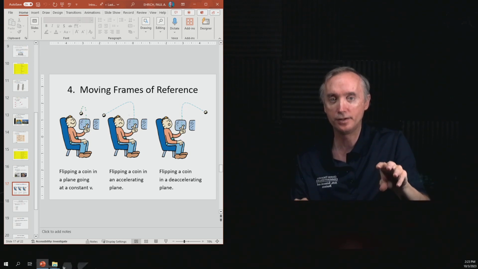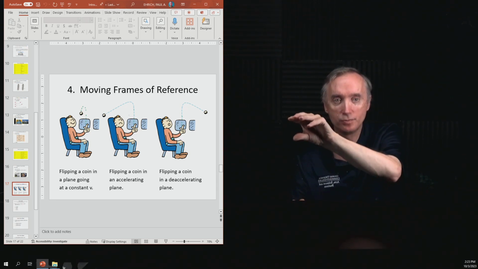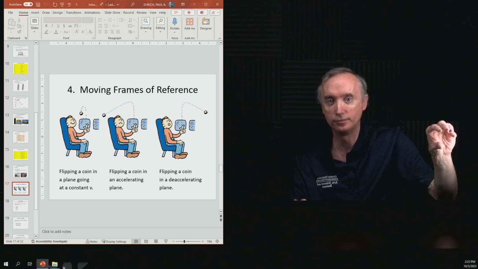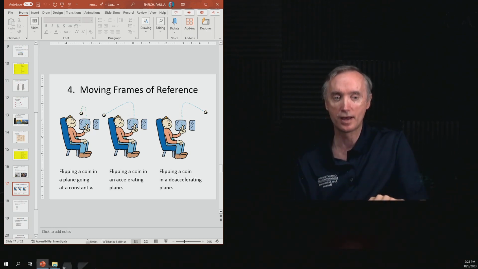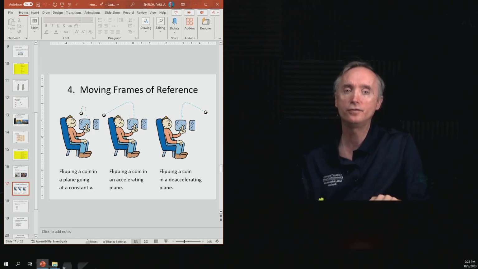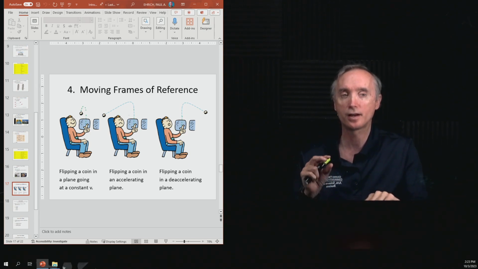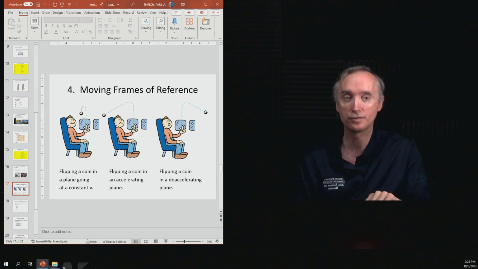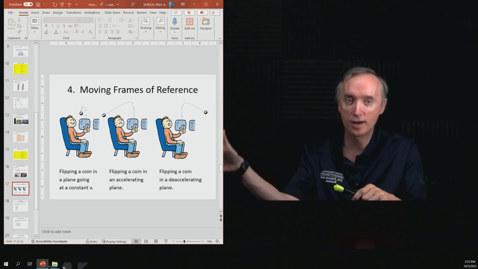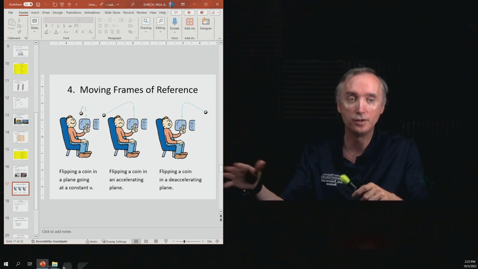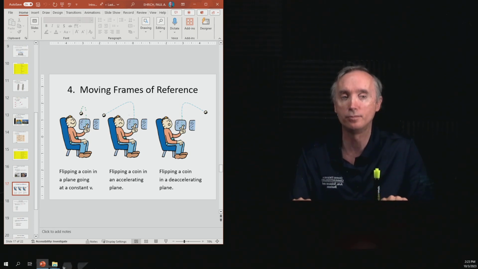Now the airplane is not at rest, so the airplane is moving at a constant speed. But you can't tell that. If you are in a moving frame of reference that is moving at a constant speed, you can't even tell that you're moving. Now if you look out the window, that's a different story. You can see the ground moving underneath you, and so then you could say, oh, I am moving.